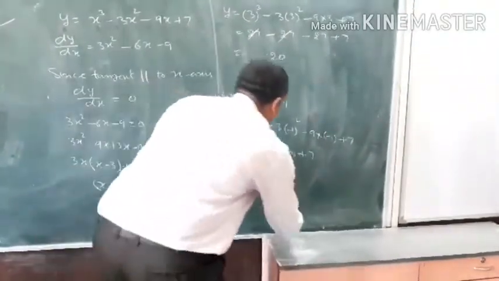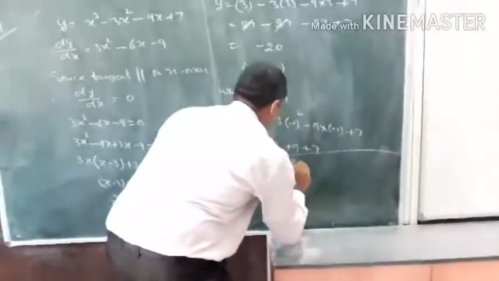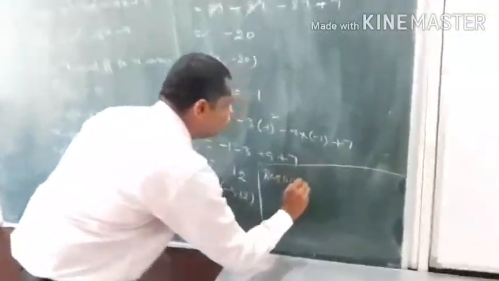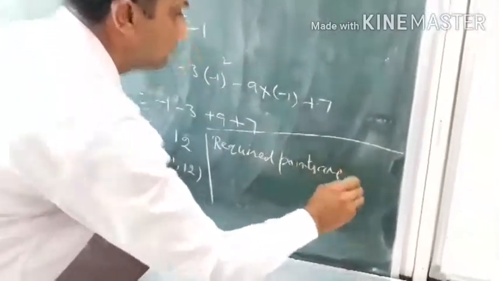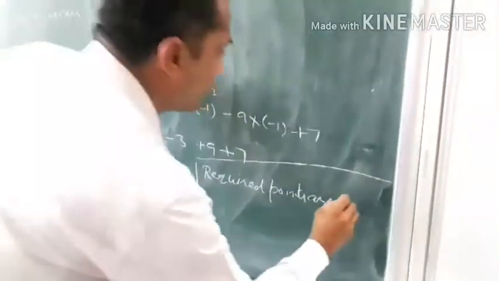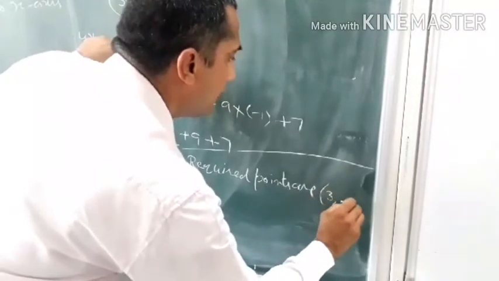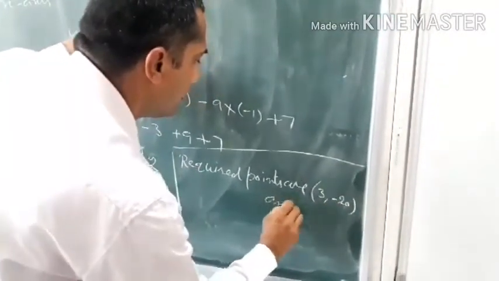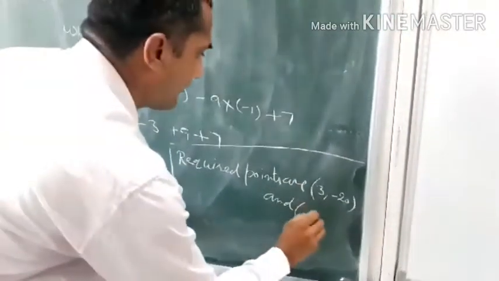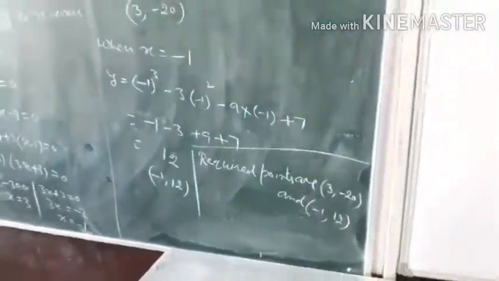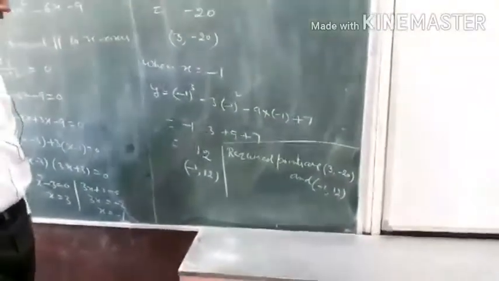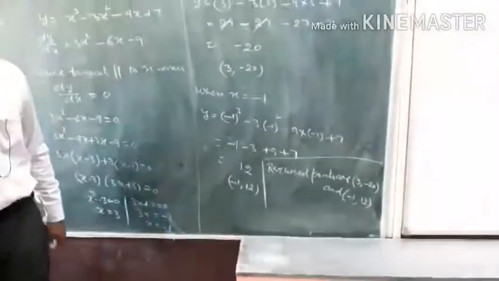Required points are 3, minus 20 and minus 1, 12. Next, question number 8 is the same. You will try yourself.